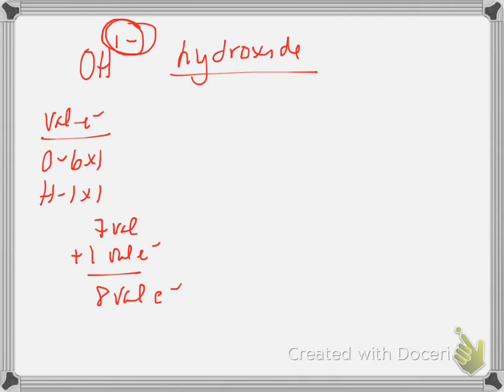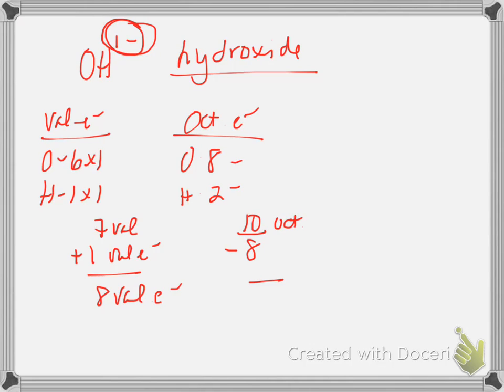Okay. Well, now how many octet electrons would we have if everyone was fully satisfied? Oxygen wants 8, hydrogen wants 2. That gives us a total of 10. So they have 8 valence electrons, but they would like to have 10. So 10 minus 8 means they're going to be sharing 2 electrons, which means 1 bond.